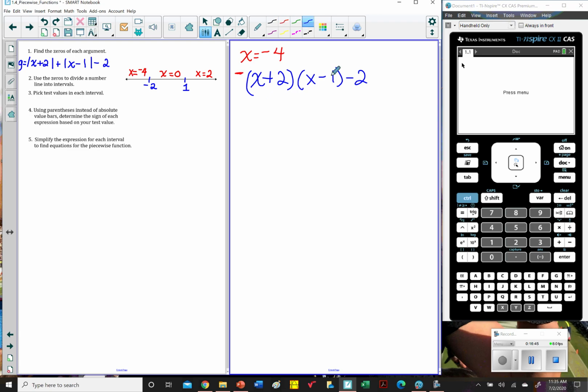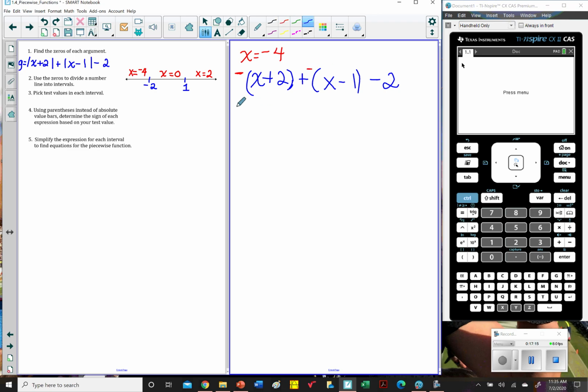And if we put negative 4 in the second piece, let's see, I need to move it over. I didn't put my plus sign in there. Rewrite that. So plus x minus 1 minus 2. You notice I'm not using the absolute value bars because I just want to test the value at that particular test number. So if we put a negative 4 in here, that too would be negative.